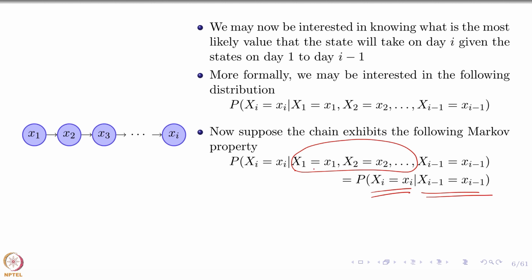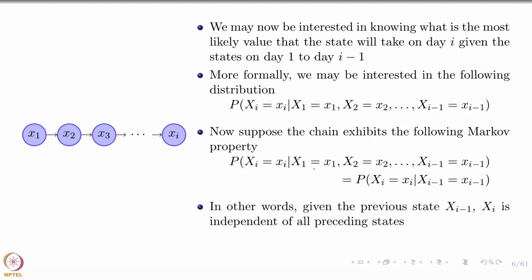Once I know that, I can determine what the situation is going to be on day i, and I don't care about what happened from day 1 to day i minus 2. This is an assumption again. We are assuming that the chain exhibits this property, and this ties to all the model assumptions that we have been making so far in the course. So we are just making an assumption that this is how our chain behaves.